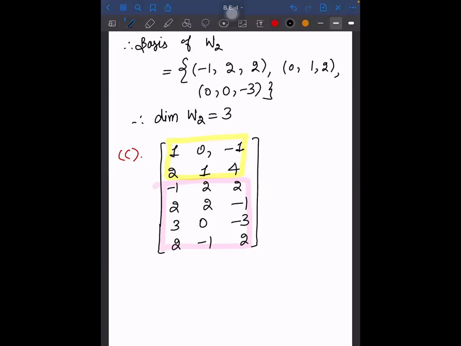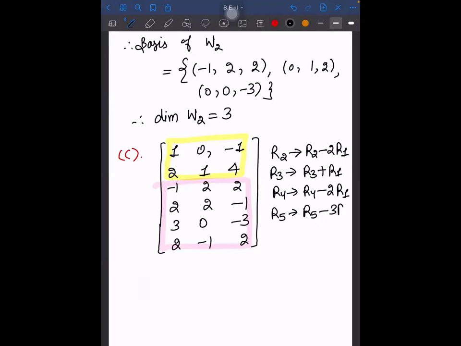Of course, we'll take one by one: operating on R2, R2 minus 2 times the R1. Operating on R3, R3 plus R1. Operating on R4, R4 minus 2 times the R1. Operating on R5, R5 minus 3 times the R1. Operating on R6, R6 minus 2 times the R1.